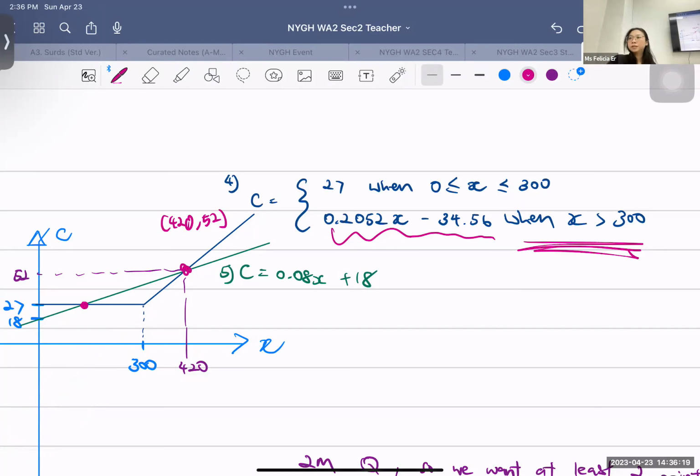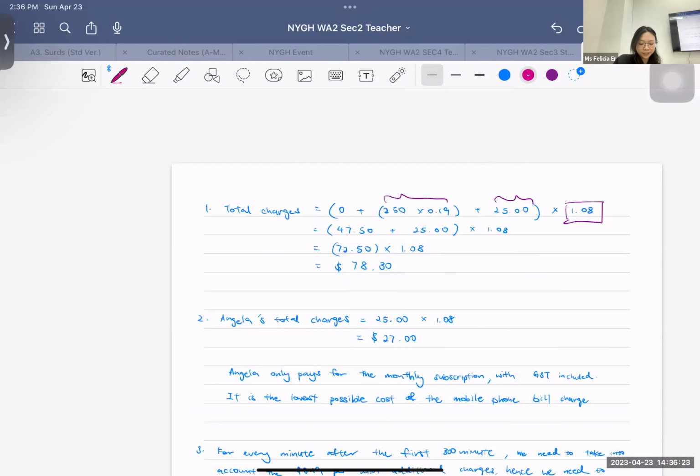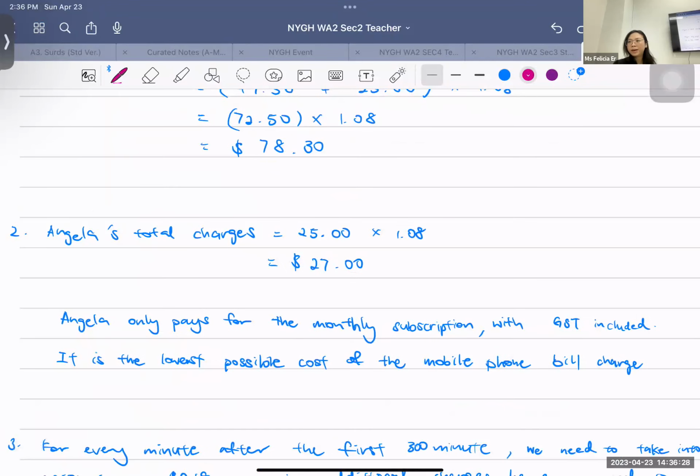Explaining the significance again for question 2. To be very honest, this question is a bit ambiguous, because they're not being very exact on what they want. But I interpret it as: what is the meaning of her charge?